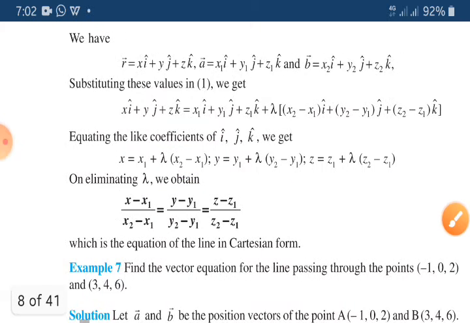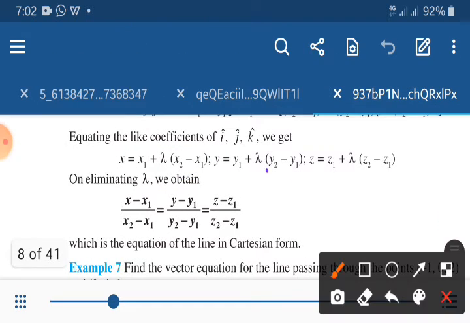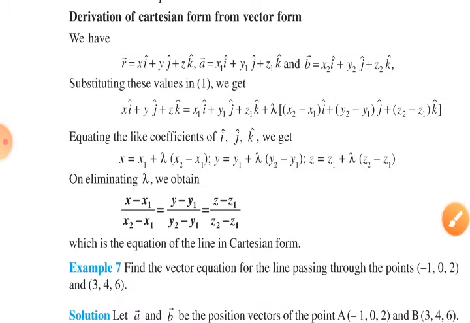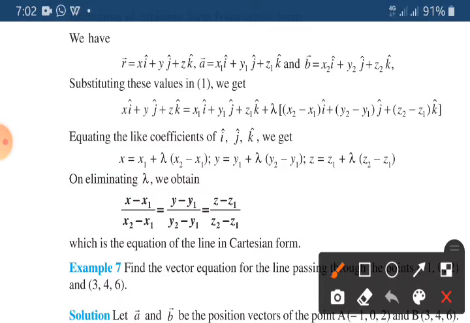So x minus x1 by x2 minus x1. Similarly, y minus y1 by y2 minus y1, and z minus z1 by z2 minus z1, which is the equation of the line in Cartesian form.